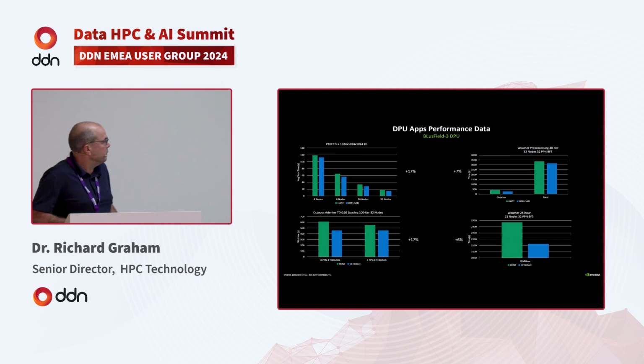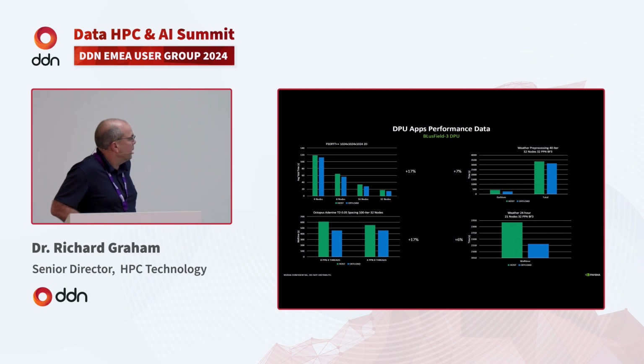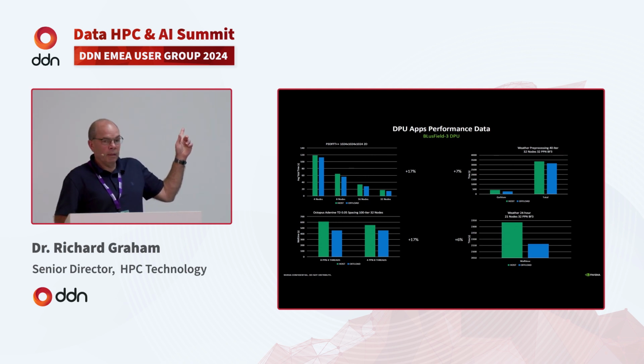We compare the performance of that library using the offloaded version versus the host-only version, and we see about 17% improvement in the Fourier transform. This is using a non-blocking collective. So what we're seeing here is the benefit of being able to progress asynchronously, overlapping computation and communication.